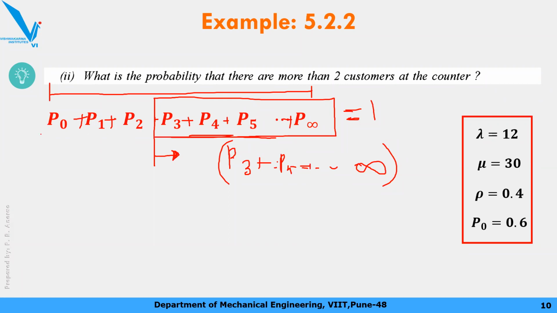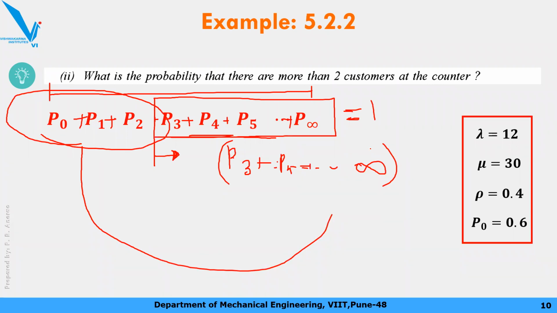If we take the left part onto the right-hand side, this probability will be equal to 1 minus this one, P0 plus P1 plus P2.